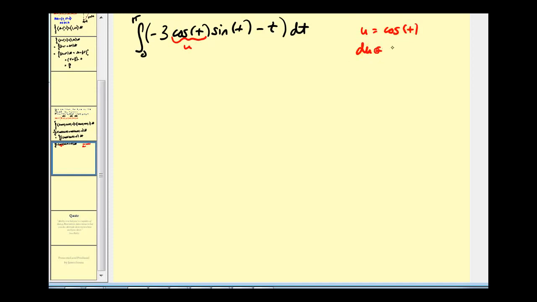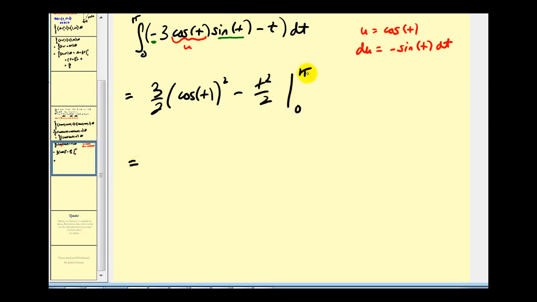So differential u is going to be negative sine t dt. Notice we do have a factor of negative sine t dt. So this just simplifies to 3u. So we'll have 3 times u squared over 2, or 3 halves cosine squared t. Then we'll have minus t squared over 2.